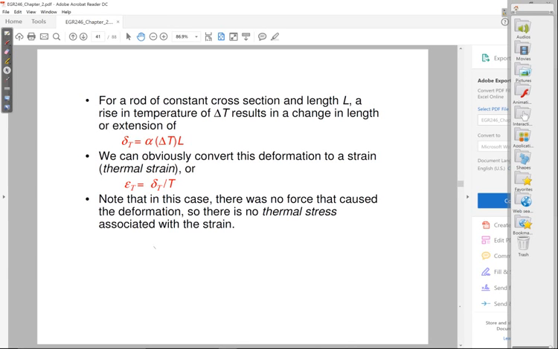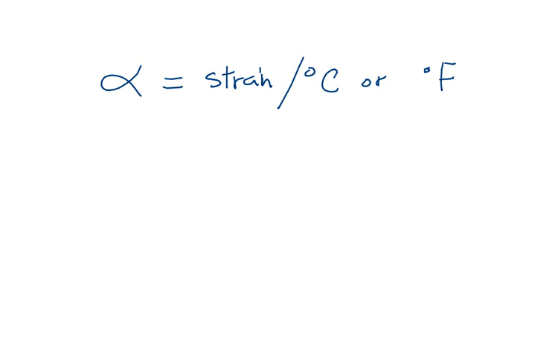Remember, alpha is actually a strain per degree Celsius or degrees Fahrenheit. And that means if I want to find strain, I just take alpha and multiply by the change in temperature.